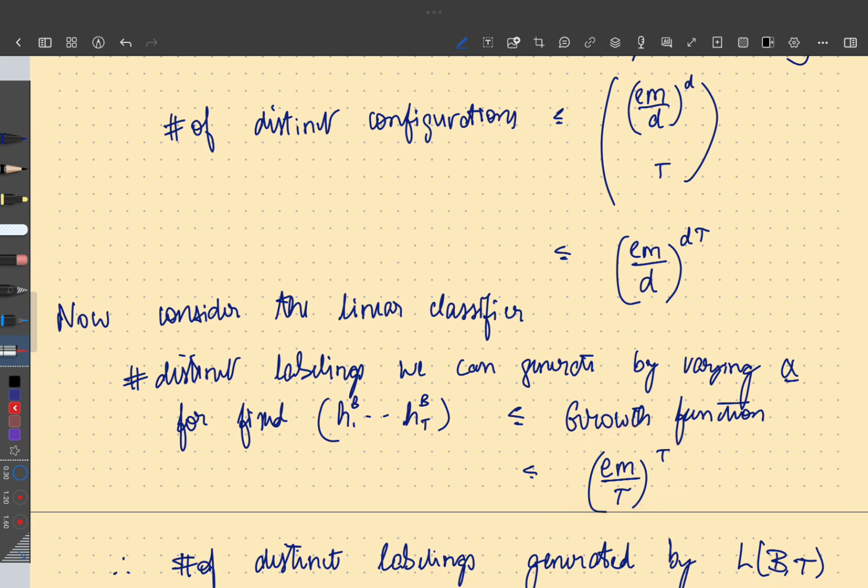This comes from the Sauer-Shelah lemma. So we know the VC dimension and therefore we know the growth function. The overall growth function should be at most the product of the growth functions, because the number of possible labelings that you can generate by varying two sets of parameters is at most the number of labelings you can generate only by varying one parameter times the number of labelings you can generate only by varying the other parameter, right?